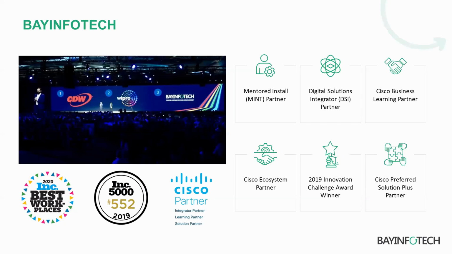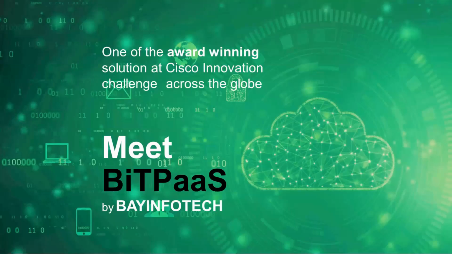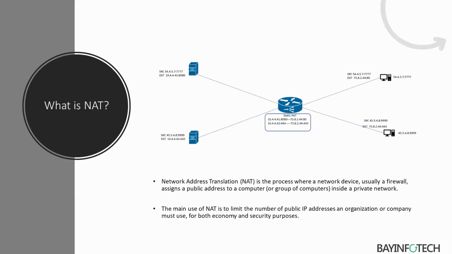Let's begin by giving you a quick overview about Cisco NAT. What is NAT? Network address translation is the process where a network device, usually a firewall, assigns a public address to a computer or group of computers inside of a private network.